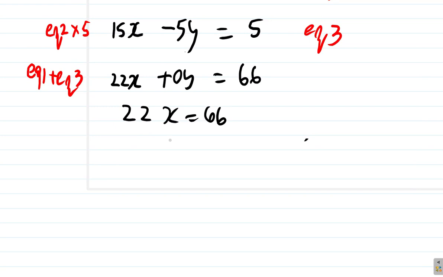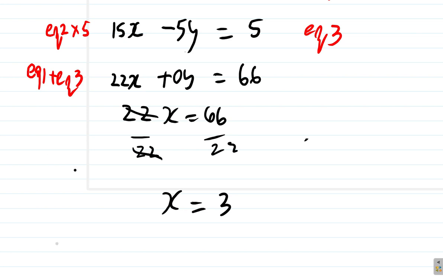It is 3. Right? 22 by 3 gives us 66. So x must be 3. You could also say, let's divide by 22. 22 cancel 22. So you have x equals 66 over 22 is 3. So x is 3. Alright? So you have 3 so far for x.